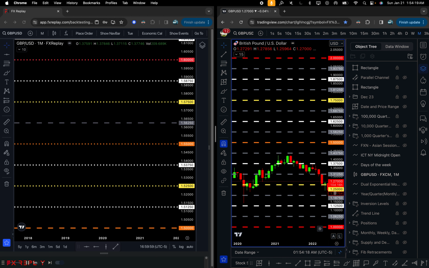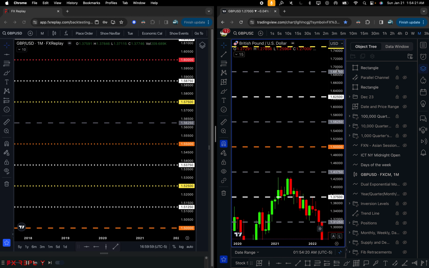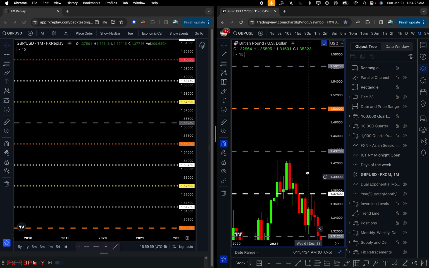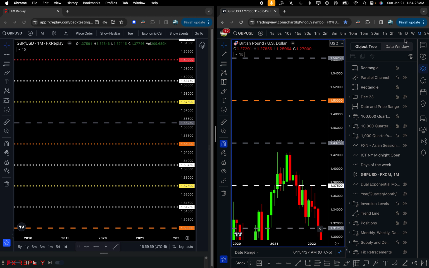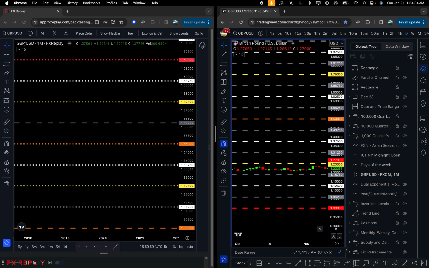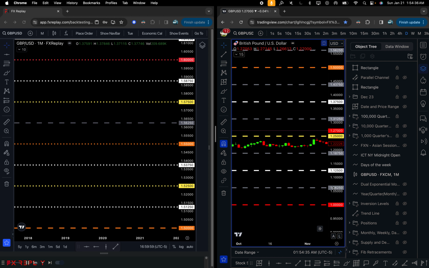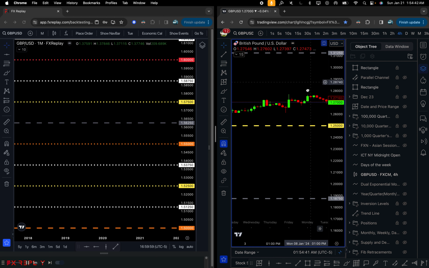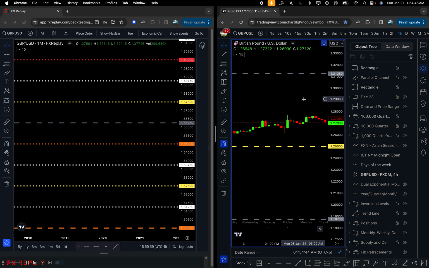So what you would do is zoom in to a place where you are in price. Wherever that is, let's just say we're right here. Let's go down to the 4 hour. So where do we want to be looking?